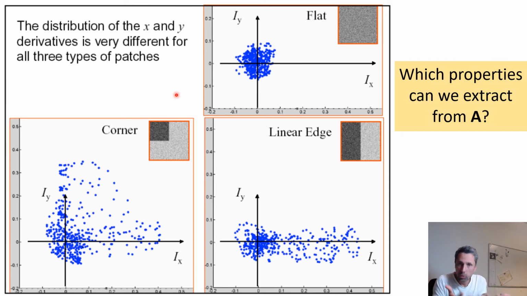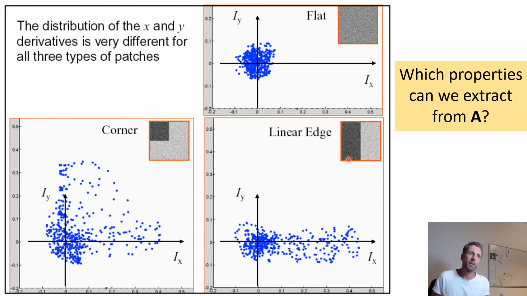But how do we extract from this 2 by 2 matrix A information about whether it is a corner point or not? To understand that, we have to look at 3 example cases. One with a window that has practically nothing in there. There's a little noise, so the gradient in x and y direction is distributed in a tight focus around 0.